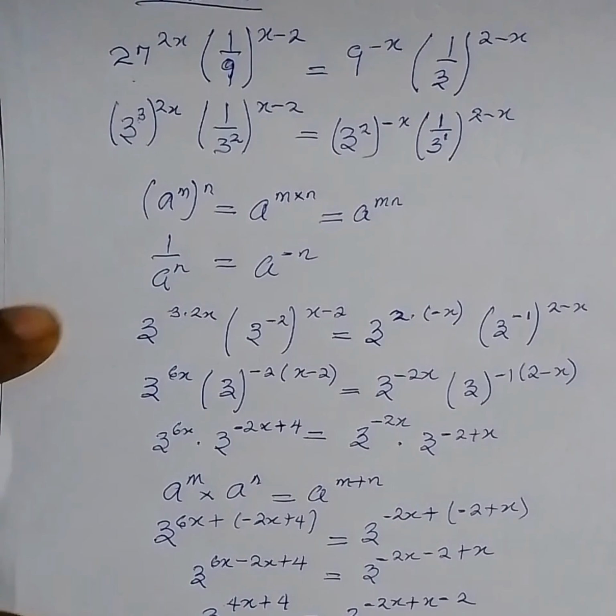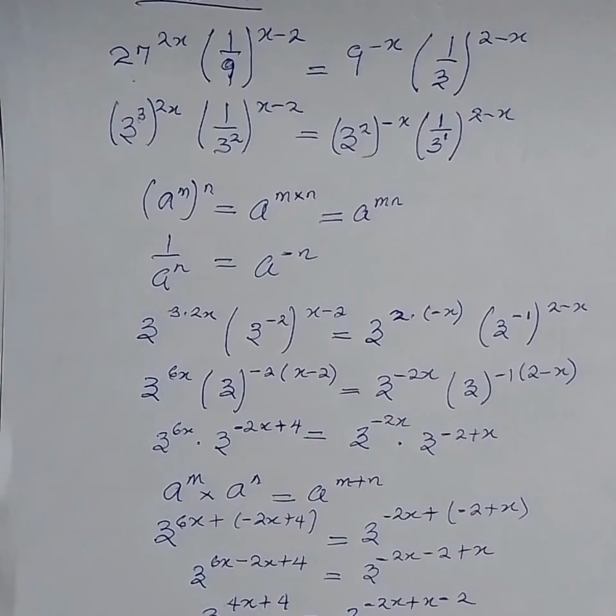So if the bases on both sides of an exponential equation are equal, then their exponents are equal. Therefore, we have 4x plus 4 equal to minus x minus 2.